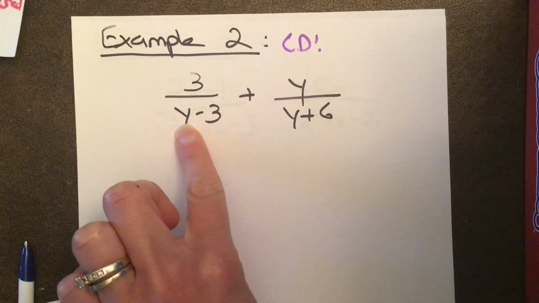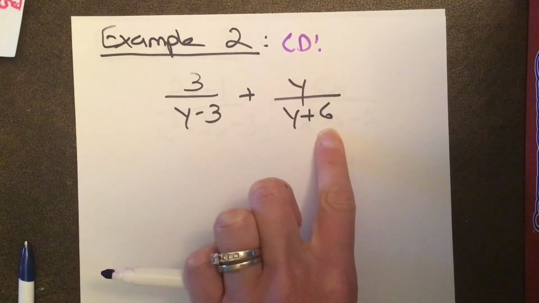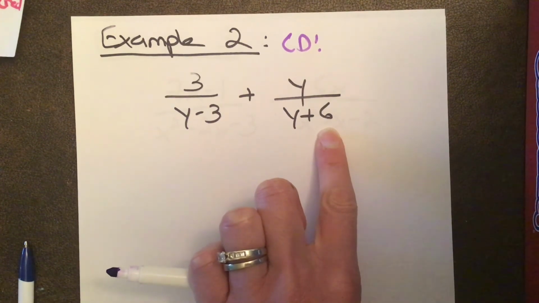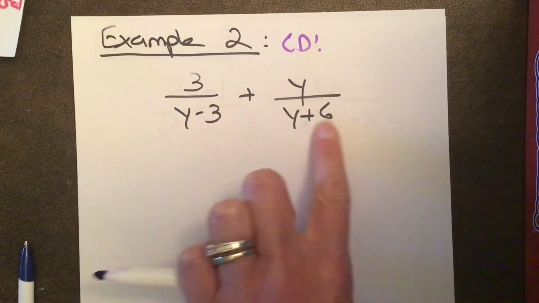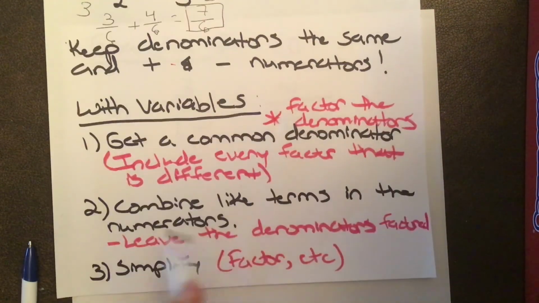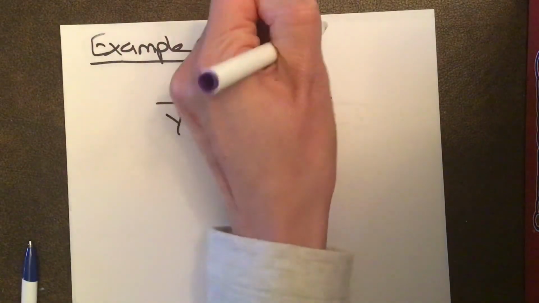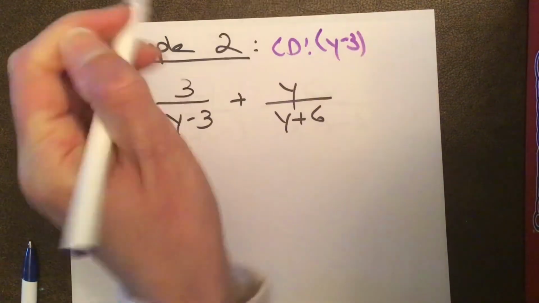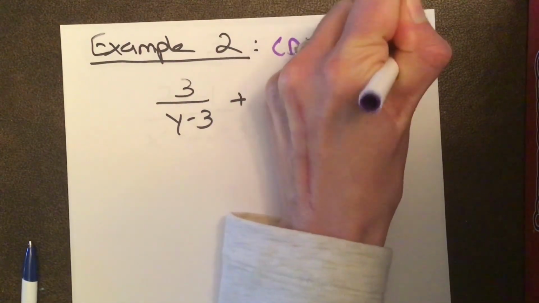So my common denominator just has to include both of these denominators. As we said back here, your common denominator has to include every factor that is different. So it's going to have to include a y minus 3 and a y plus 6.